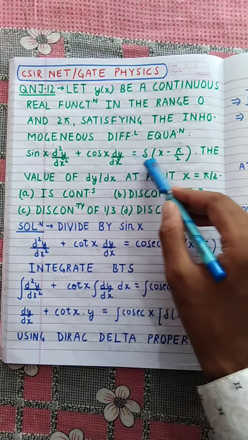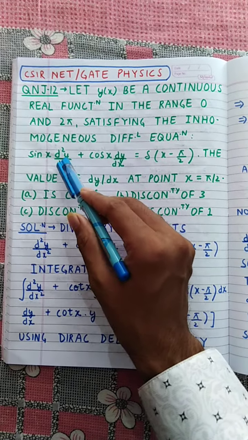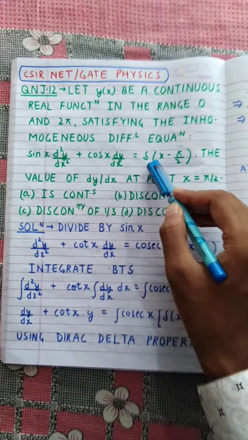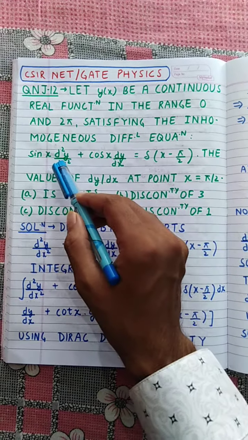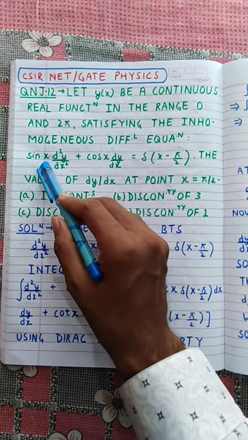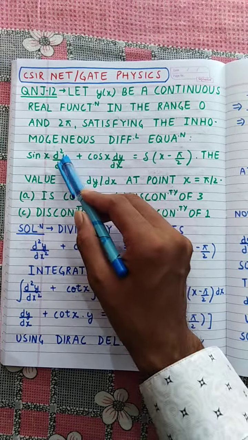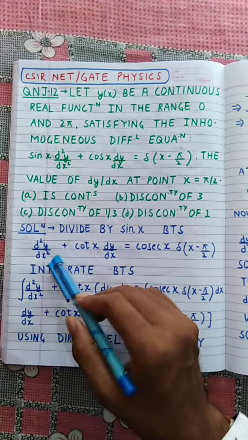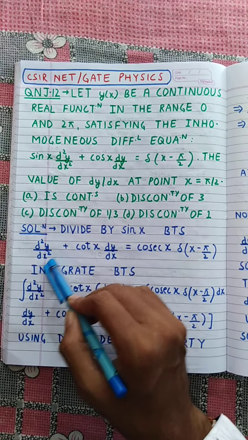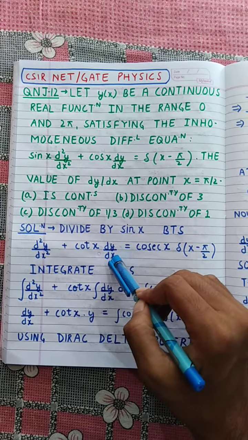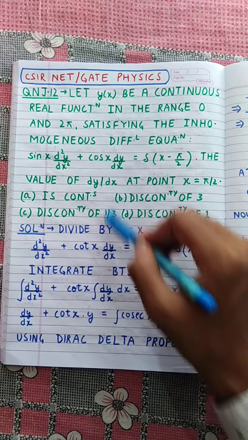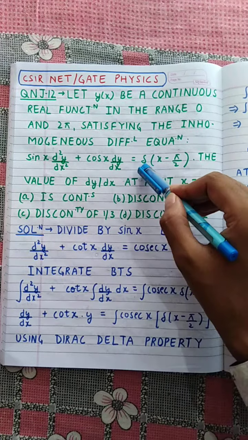First of all, we will make this second order differential equation into the standard form. For this we have to divide both sides by sin x. After dividing both sides by sin x, we obtain d2y/dx2 plus cot x dy/dx equals cosec x delta of x minus pi/2. Here cos x upon sin x is cot x, and 1 upon sin x is cosec x.